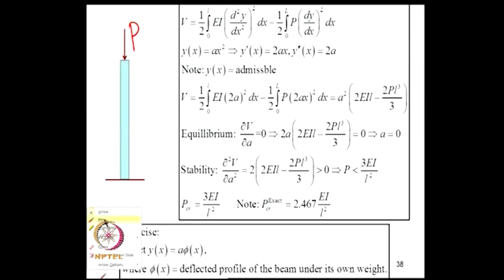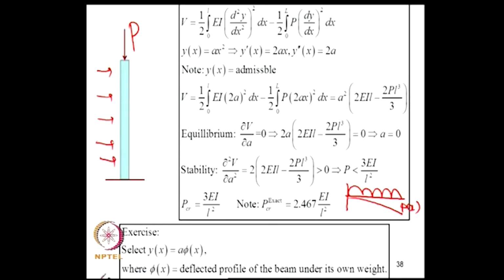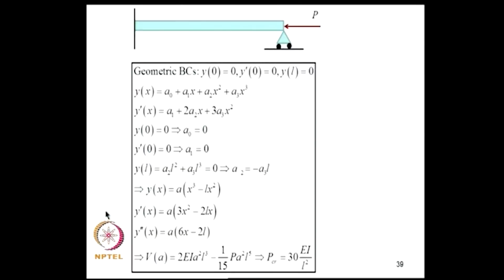By that, in this case, what is meant is you have to consider the deflected profile of the beam, this is phi of x. I do not mean weight in this direction of the applied load, but in this direction. Okay. So, that might offer some improvement.